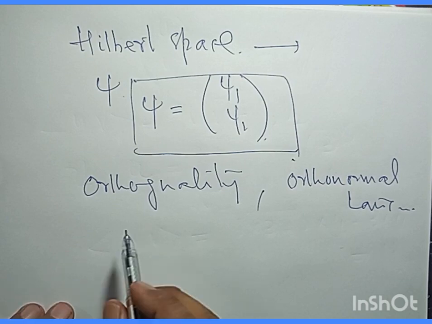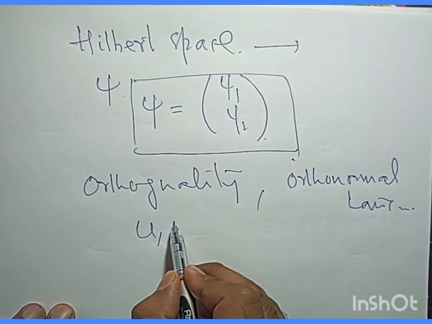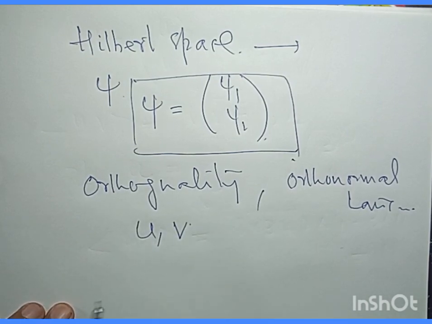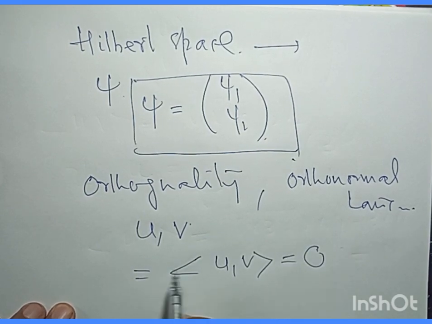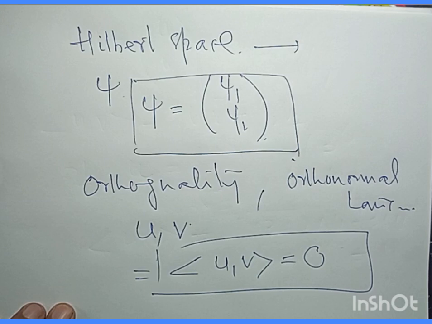Suppose we have two vectors, U and V, and their inner product is equal to 0. If their inner product is equal to 0, it means these two vectors are orthogonal to each other. Orthogonality means the vectors are at right angles to each other.